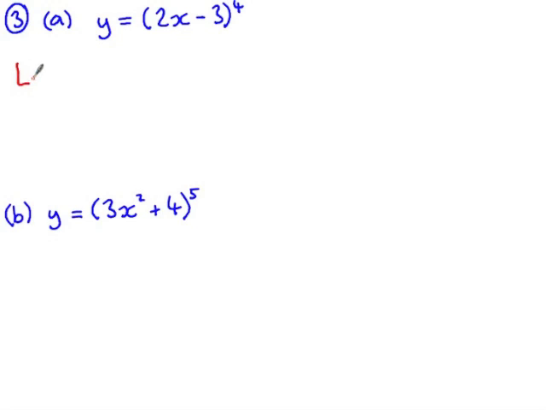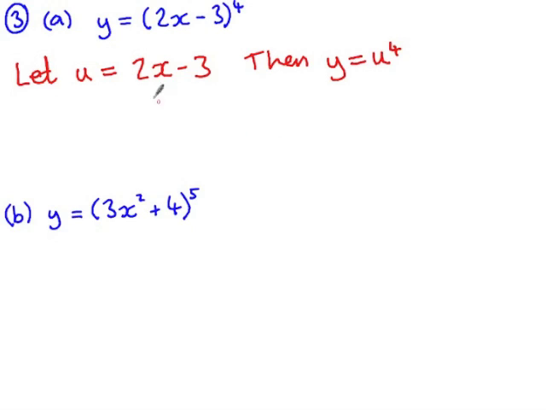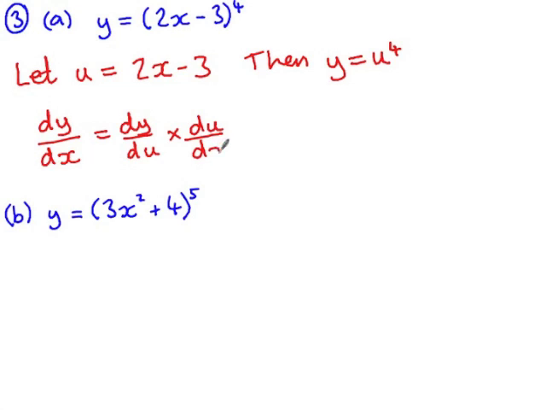So if we say let u equal 2x take 3, then y in terms of u is u to the power of 4, and we can use the chain rule to differentiate y with respect to x, because dy by dx is dy by du multiplied by du by dx. 4u cubed times 2 is 8u cubed.